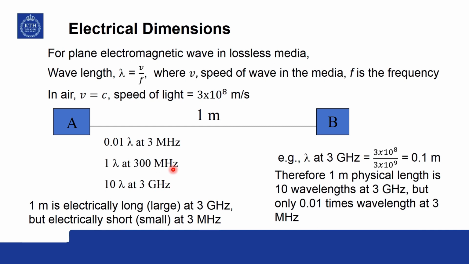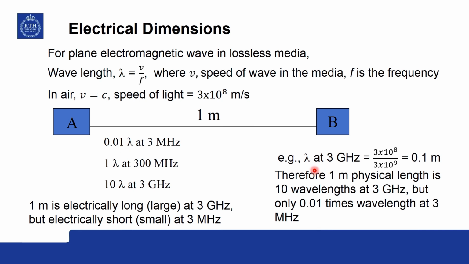So, this is one wavelength at 300 megahertz, but at 1/100th of the frequency, at 3 megahertz, this is only 0.01 wavelength, because the wavelength at 3 megahertz is 100 meters.